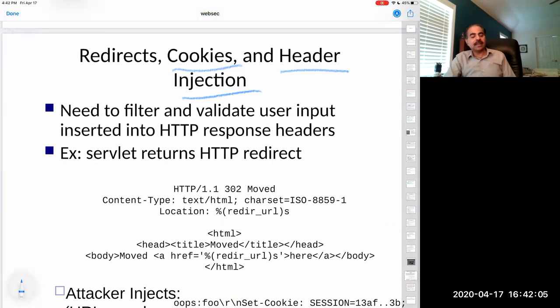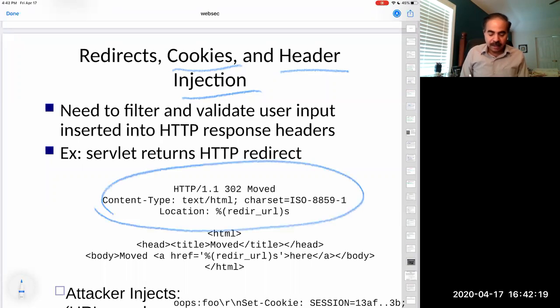And the reason why these are fairly easy and similar to other types of injections is because once again, it goes back to how these web applications are written. Very often you have a server-side application that is producing HTML pages, and in addition, it is the same application that typically also produces HTTP headers.